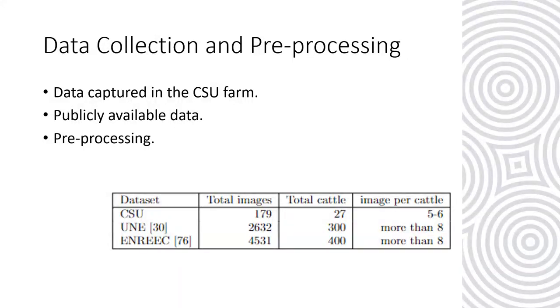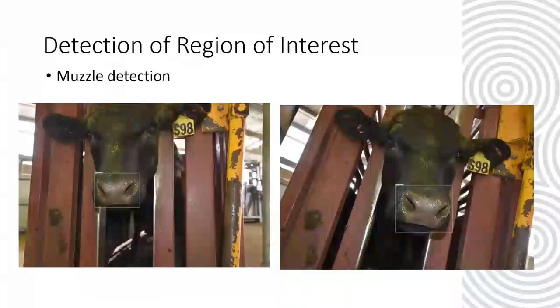A deep learning model was developed to detect the muzzle part of the image, as shown in these two pictures. You can see the small green bounding box, which is the detected muzzle part in the image, and these pictures are taken from the CSU farm.